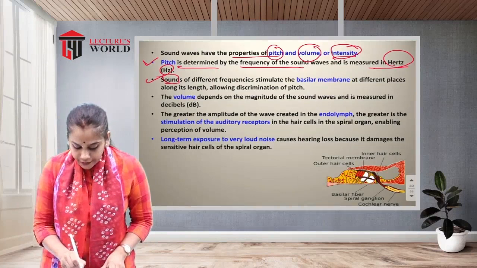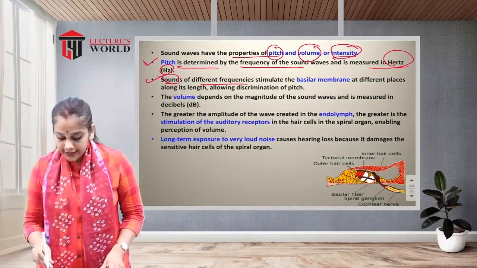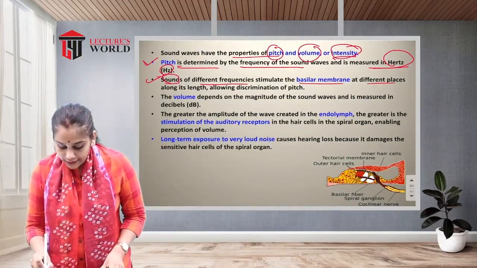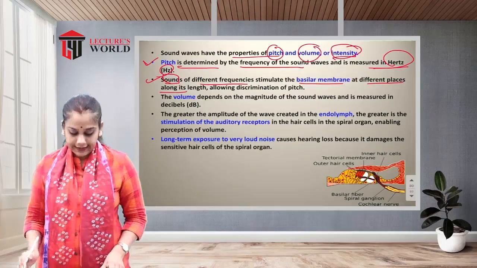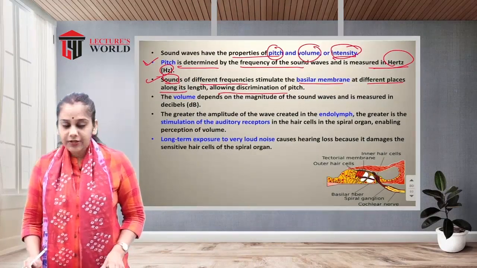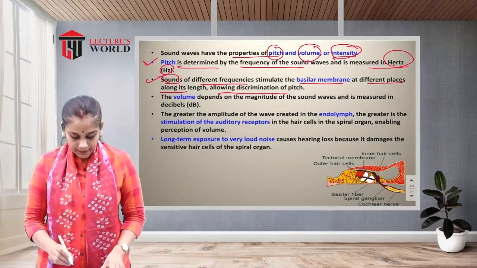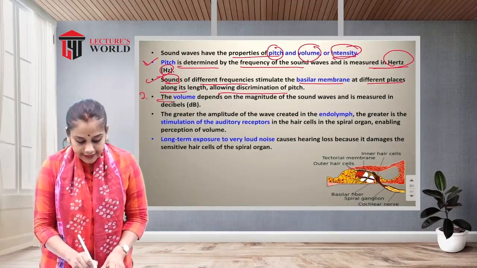Sounds of different frequencies stimulate the basilar membrane at different places along its length, allowing the discrimination of the pitch.